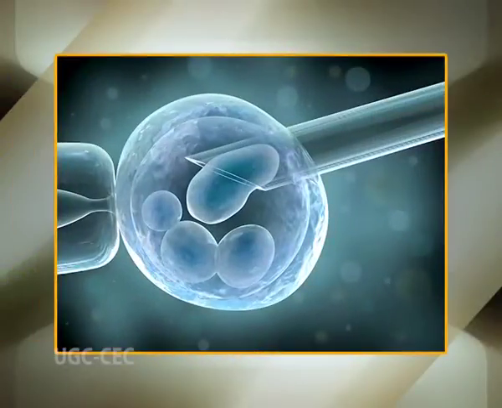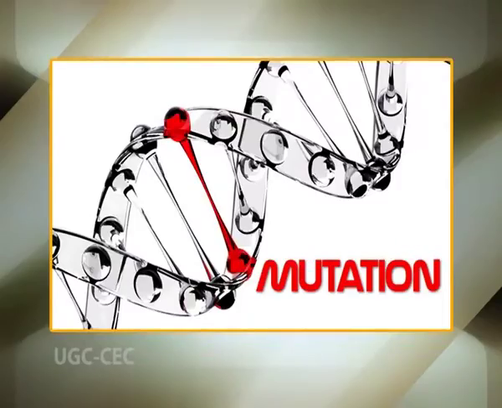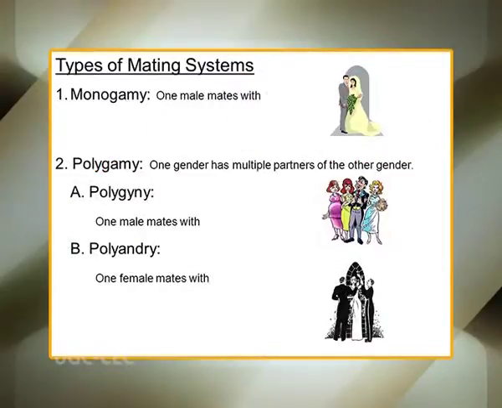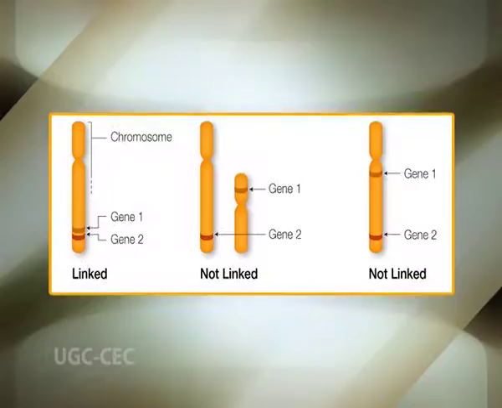Linkage disequilibrium is influenced by many factors, including selection, the rate of recombination, the rate of mutation, genetic drift, the system of mating, population structure, and genetic linkage.